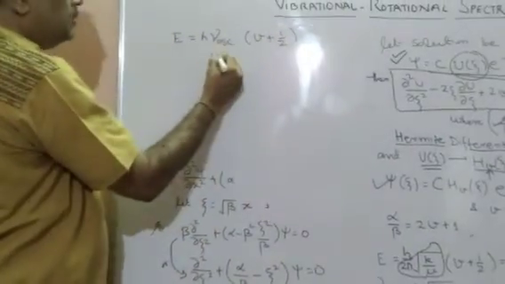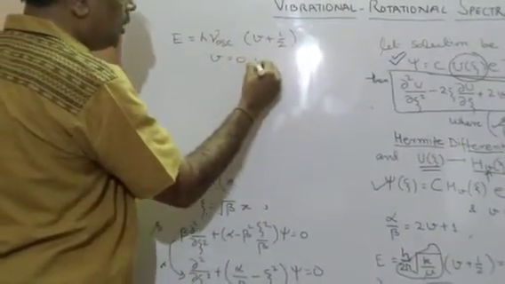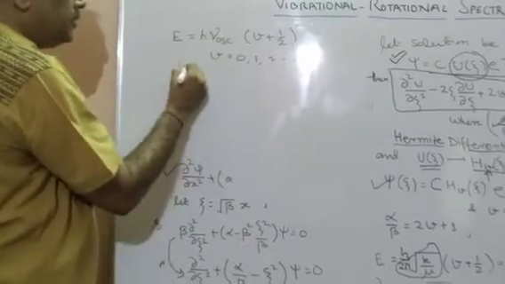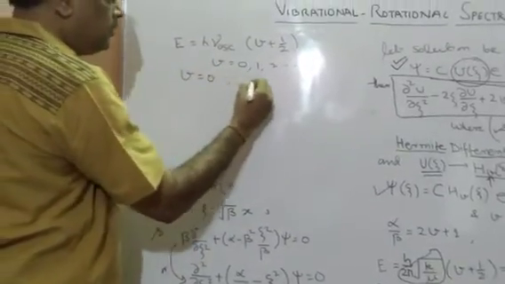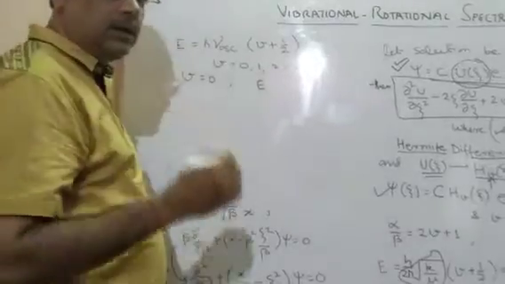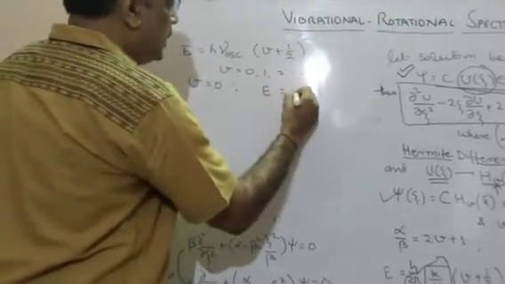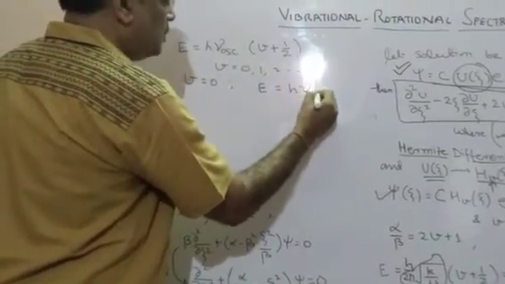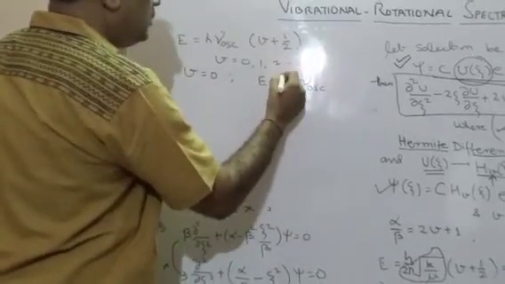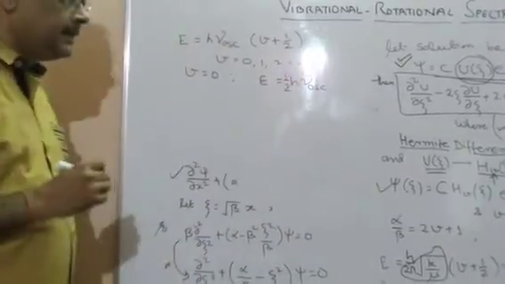And what are the values for v? v is 0, 1, 2 and so on. So if we take v equal to 0, this is the zero point energy, and that will be h nu oscillation, and from here we will get 1 by 2.